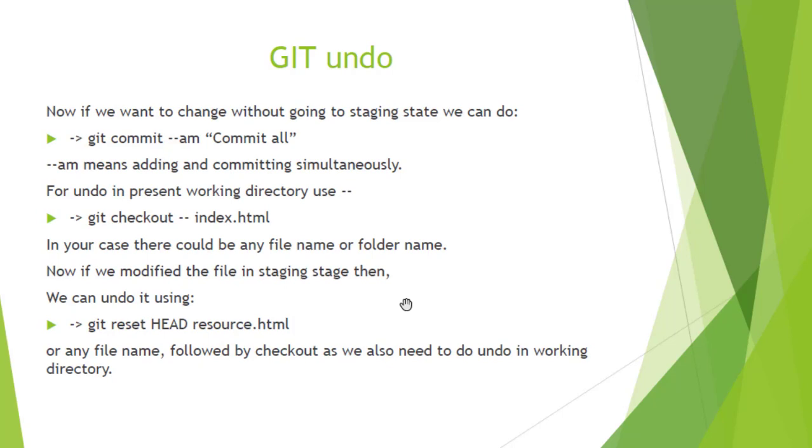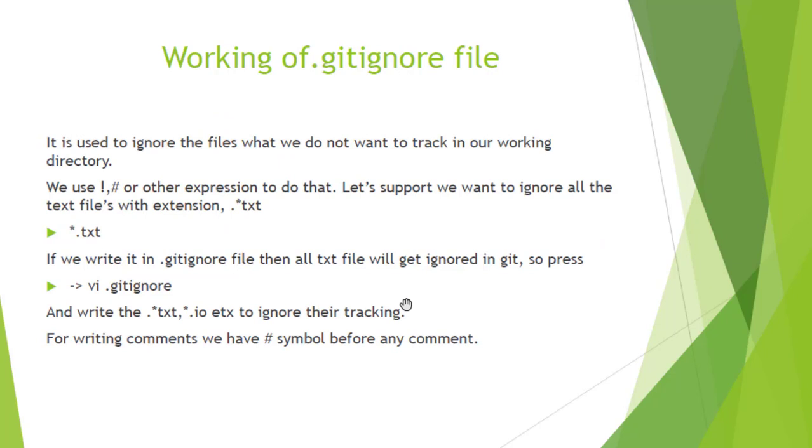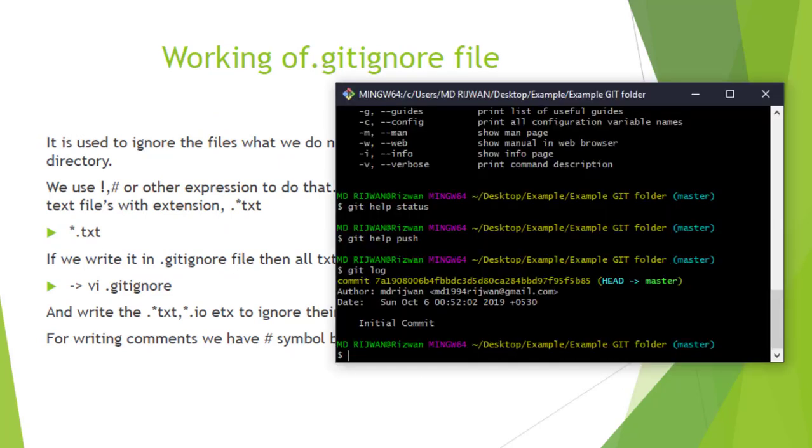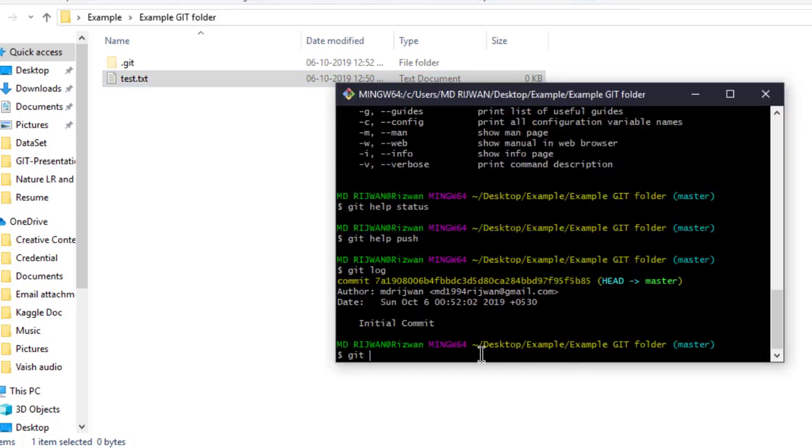And after that we will move to git ignore. This is also important. Git ignore generally helps us decide what to ignore whenever we make any changes. So type vi .gitignore.